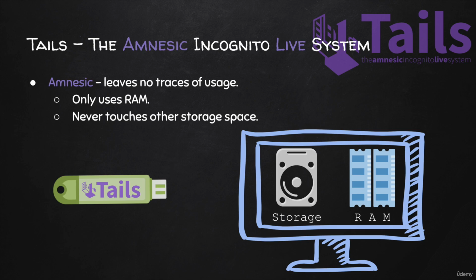Then, when that computer boots, it'll boot into its default operating system. The system will work exactly the same way that it was working before, and even if the whole computer gets inspected, there will be no traces of what you've done, and there will even be no traces of Tails being used on that computer.